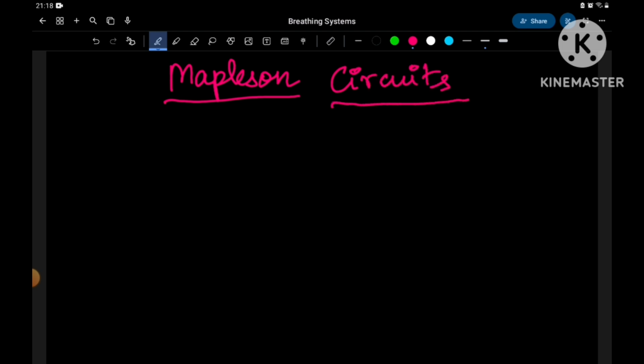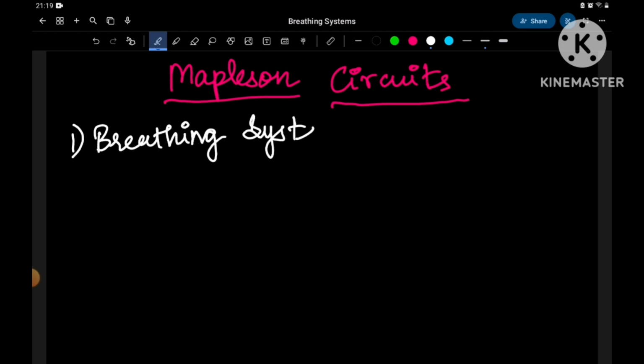Okay, so guys, Mapleson circuit is a type of breathing system. We would have seen patients on ventilators in our ICU wards. In these ventilators there will be a connecting system for the patient.